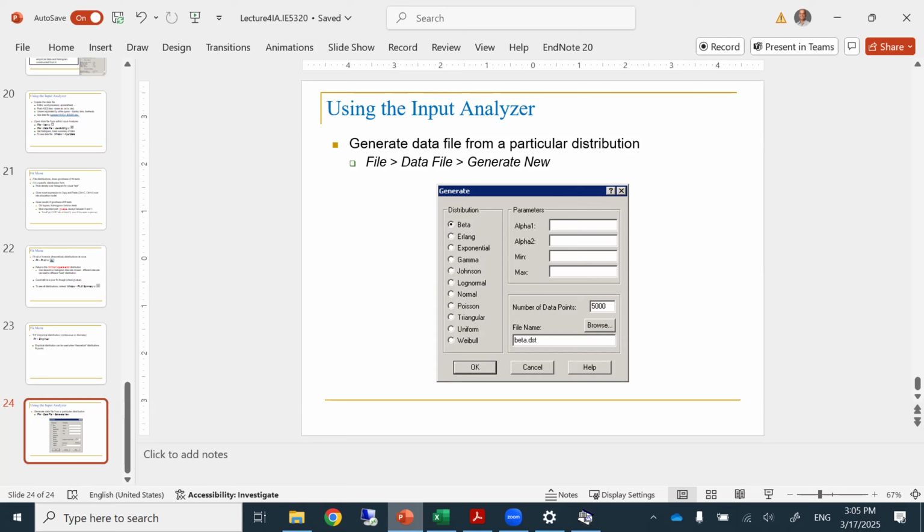You can tell the software which distribution you want to use and the number of data points, and it will create that data file following that same distribution. So that's another thing that is there. Good. Okay, so I'm stopping now.